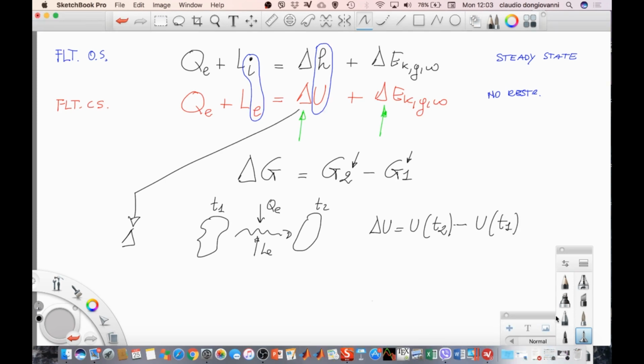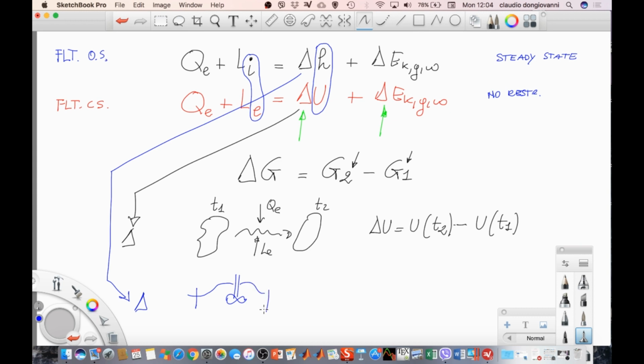Now, this delta in this case has no meaning with time because we are in steady state. So nothing changes with time. Delta here means from the inlet to the outlet. 1 and 2.